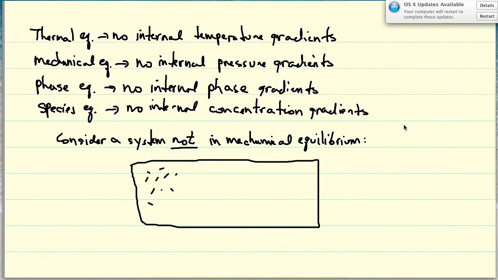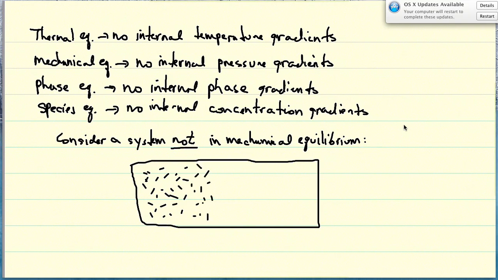And let's suppose that we have mechanical non-equilibrium. So for whatever reason, most of the particles of this system have congregated over on this half of the system. So there's a higher concentration of particles on this side than on this side. In other words, it's very dense on the one side, but rather sparse on the other side.